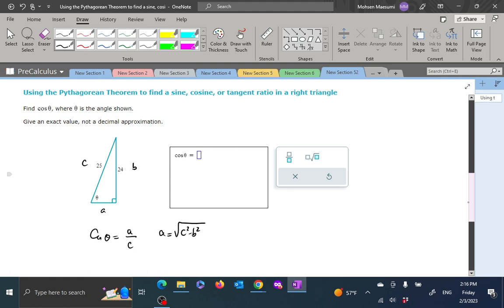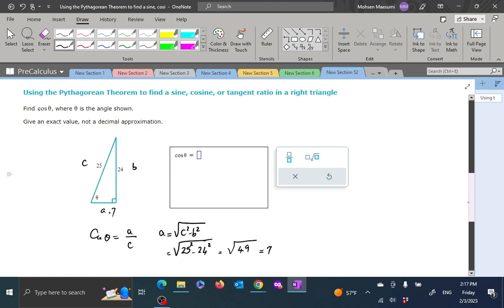So in this case, what do we have? We have 25 squared minus 24 squared. Of course, you can use your calculator to find out what this is. This becomes 25 minus 24, which is 1, times 25 plus 24, which is 49. Product of them is 49. Square root of that is 7. So we got one of those magical situations.